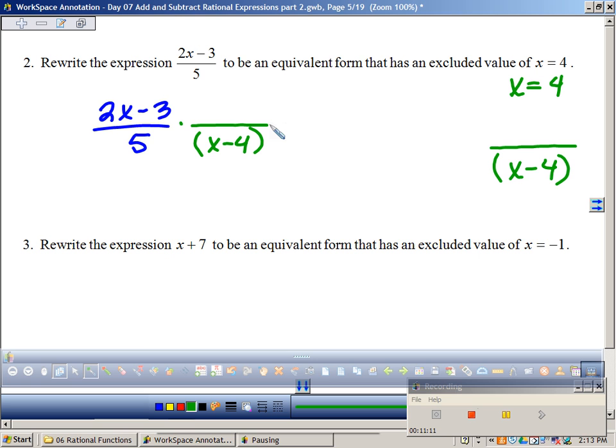What do I have to do? I have to put x minus 4 in the numerator too, because now I'm multiplying this rational expression by 1. Right? So it's not changing, it's just unsimplified. It's getting more complicated, right? It's got more factors, but it's still worth the same amount.